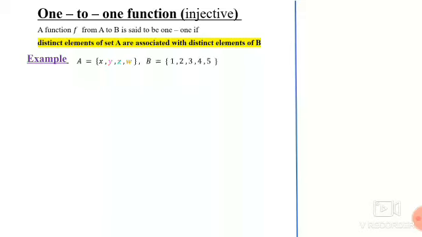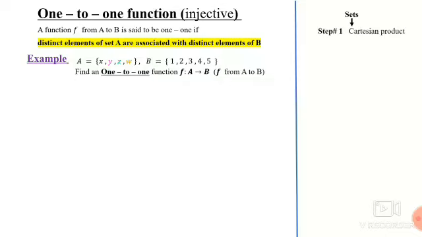We have set A and set B given to us, and we have to find an one-to-one function from A to B. The steps are again same. Sets are given to us. First step is to find Cartesian product. Second step is to make a relation. Third step, check whether it is a function or not.